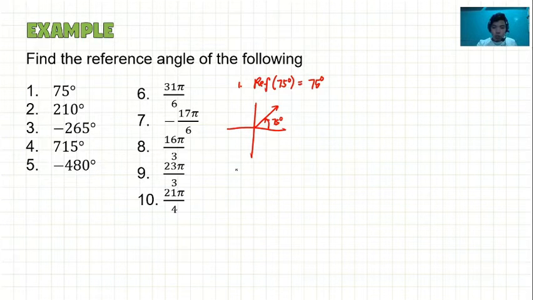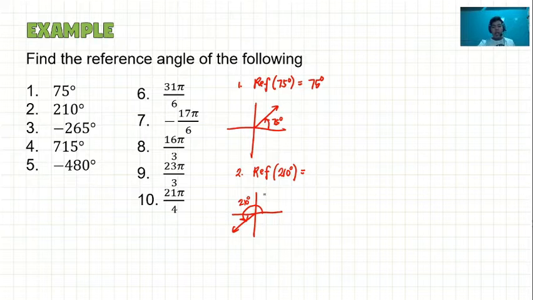Now, for number 2, we need to find the reference angle of angle 210 degrees. Okay? Now, we need to locate 210 degrees. So, this angle is somewhere here at quadrant 3, right? So, this is 210 degrees. Now, since this one is in quadrant 3, therefore, the formula will be theta bar minus 180 degrees, right?